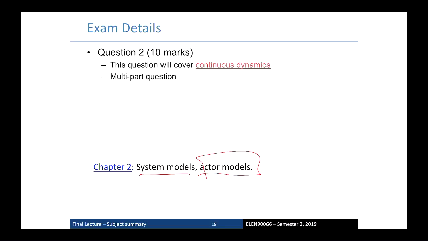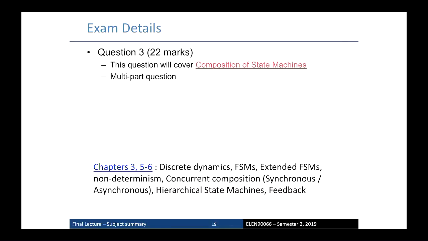Any guess what question 3 could be on? It's the big one. Not that. What on? Dynamics? Discrete dynamics. That sounds pretty good, actually. But in particular, the focus is going to be on state machines.